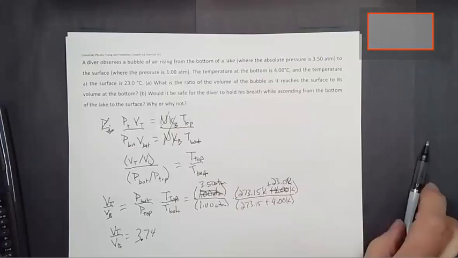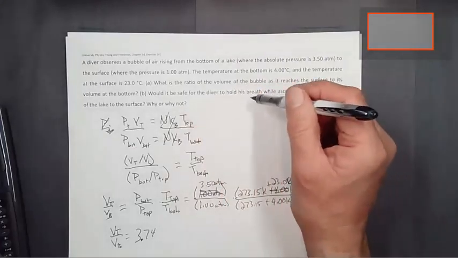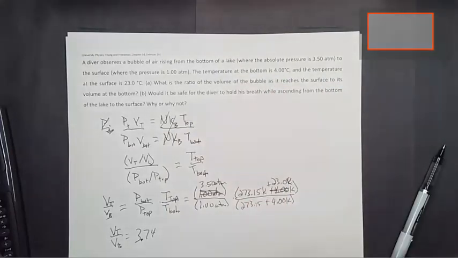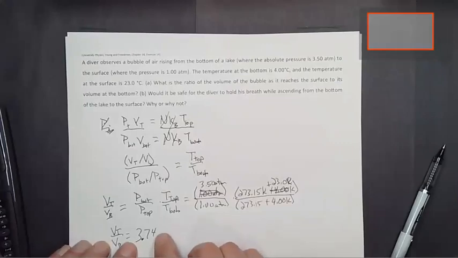Part B of this asks, would it be safe for the diver to hold his breath while ascending from the bottom of the lake to the surface? Why or why not? Well, if you hold your breath, typically you take a lung full of air first, filling the little sacs in your lungs with air, which is going to expand to about 3.74 times its volume on the way up.